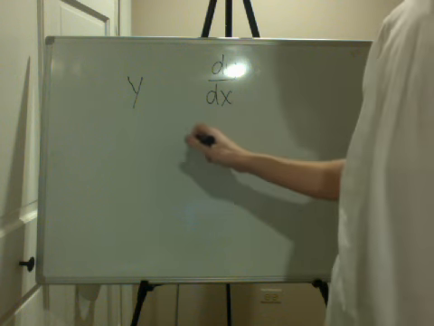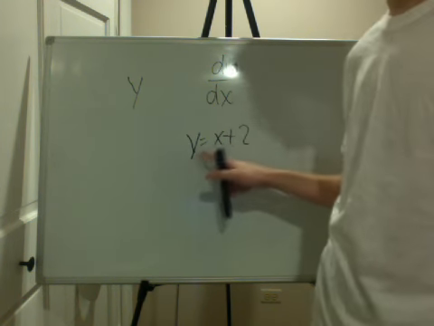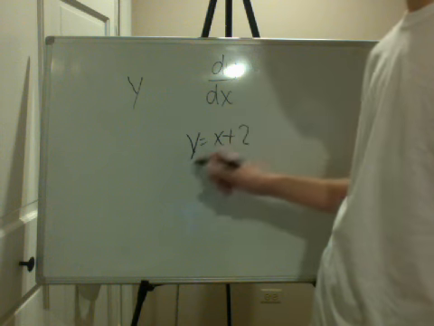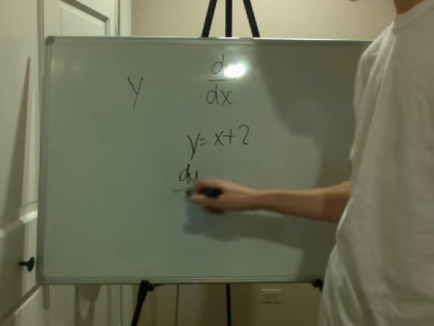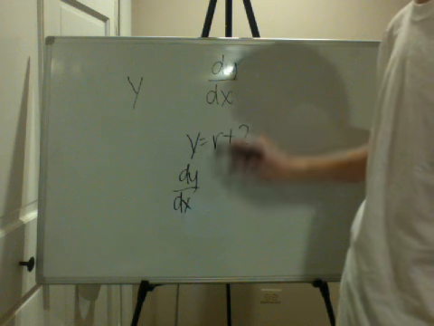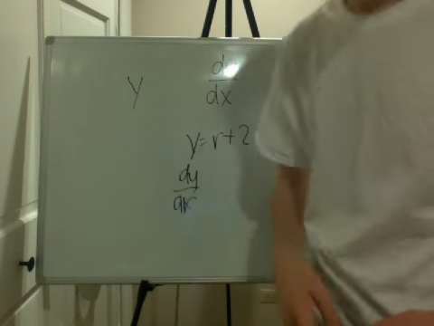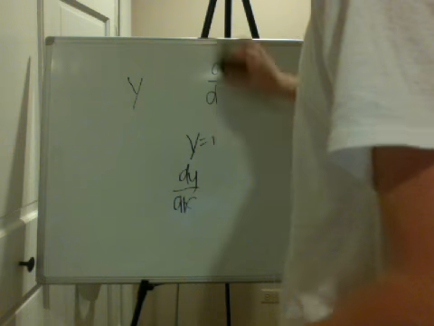So, for example, if the equation was y equals x plus 2, the derivative would be dy dx. If this was y equals r plus 2, then this would be dy dr, and other various examples.